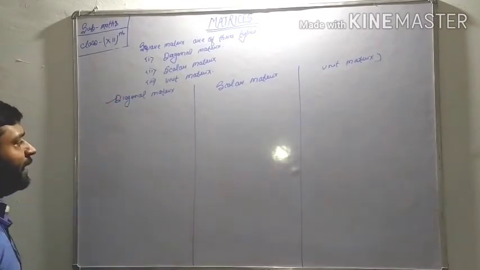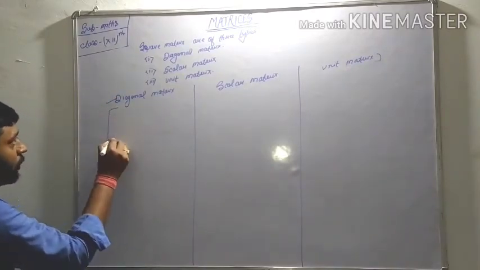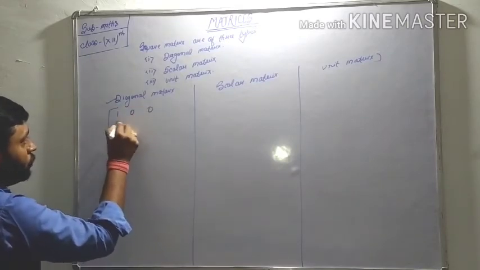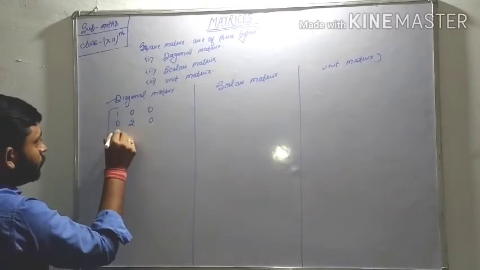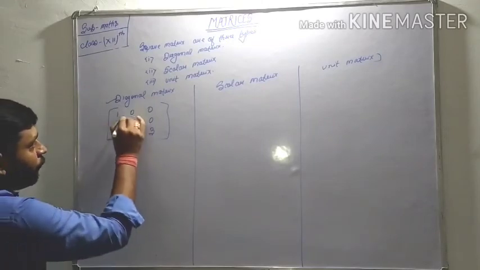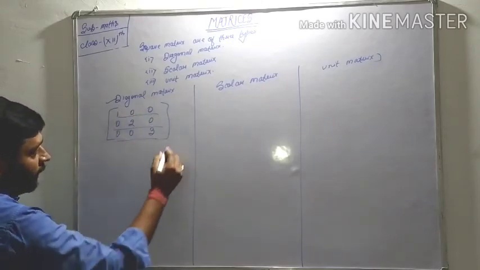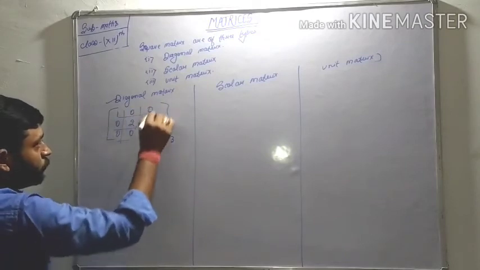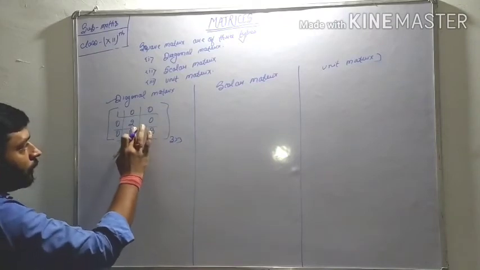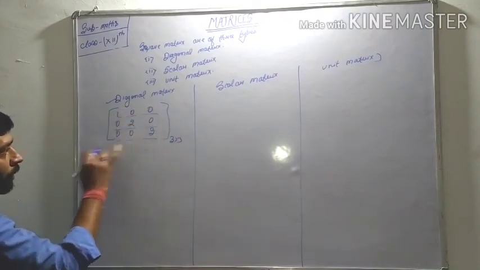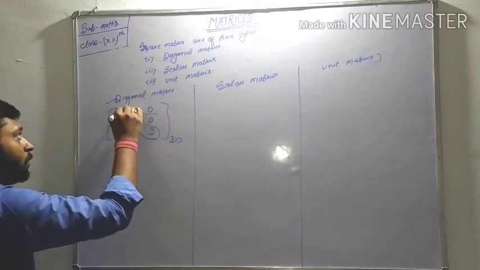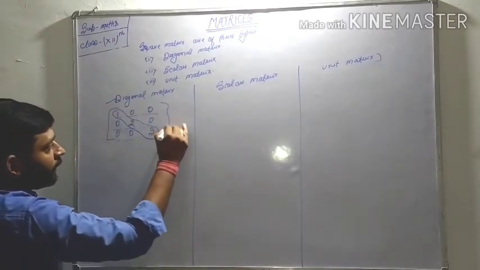First we are discussing the diagonal matrix. Let us suppose 1, 0, 0, 0, 2, 0, 0, 0, 3. That is 3 rows and 3 columns, 3 into 3. The diagonal 1, 2, 3 is called the principal diagonal.